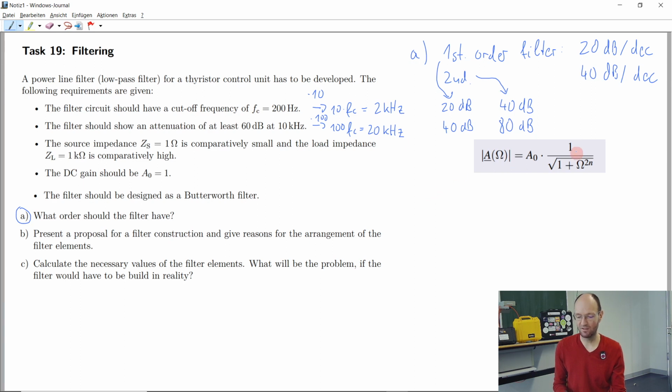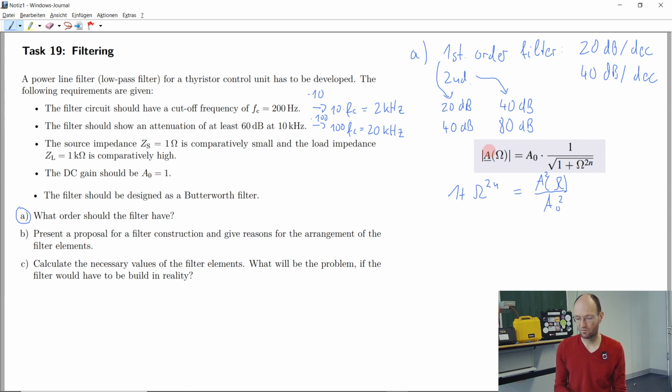So maybe we square this equation, right? Okay, so then we have 1 plus omega to the power of 2n. And on the other side, we have A of omega squared divided by A0 squared.